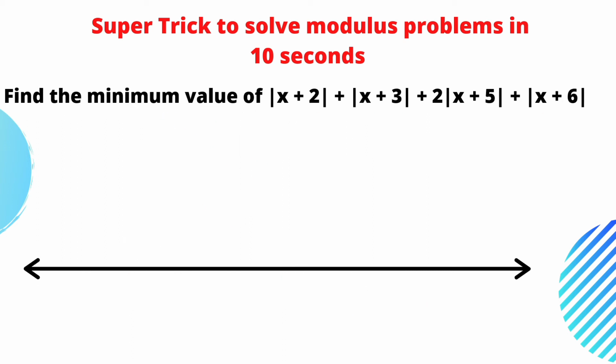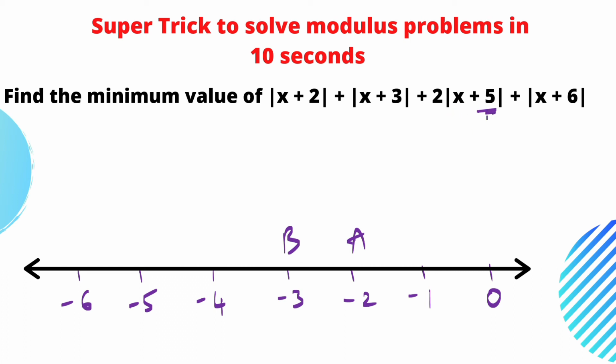Very simple. Find the minimum value of this. Okay, so A is at minus 2. B is at minus 3. Now be careful. At minus 5 there are 2 persons, so C and D are at minus 5 and E is at minus 6.